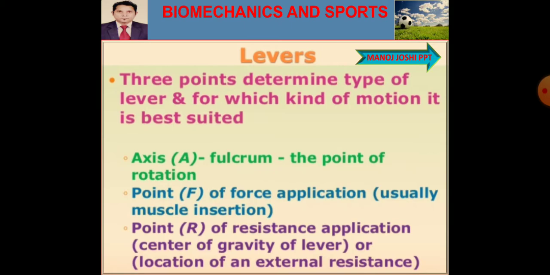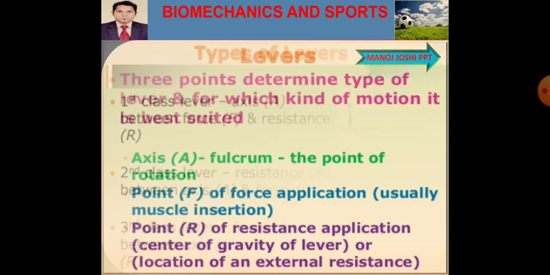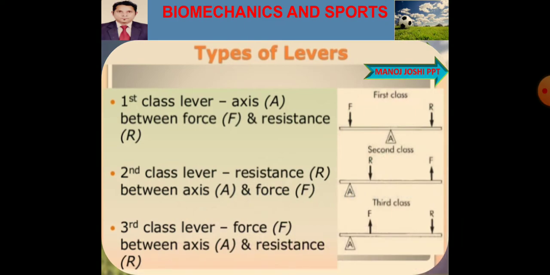Now the class 1 lever, we will see here. There are 3 types of levers: type 1, type 2, type 3. The class 1 lever, the first type of lever, the first class lever: axis A is between force and resistance R. That is A, the fulcrum.